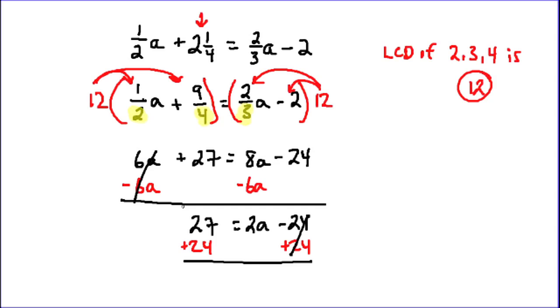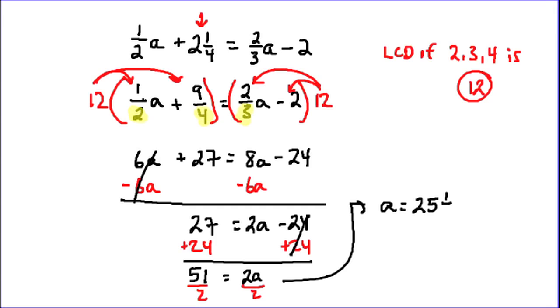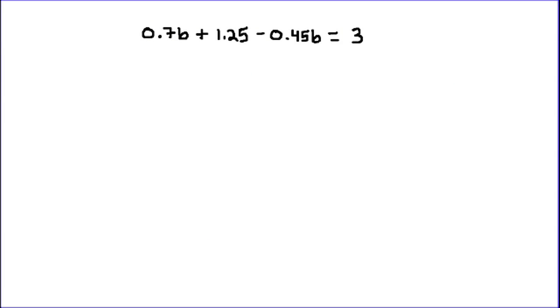Those cancel out. 51 equals 2a. My final step is to divide by 2 and divide by 2, which leaves me with a final answer of a is equal to, in this case, 51 over 2, or 25 and a half.